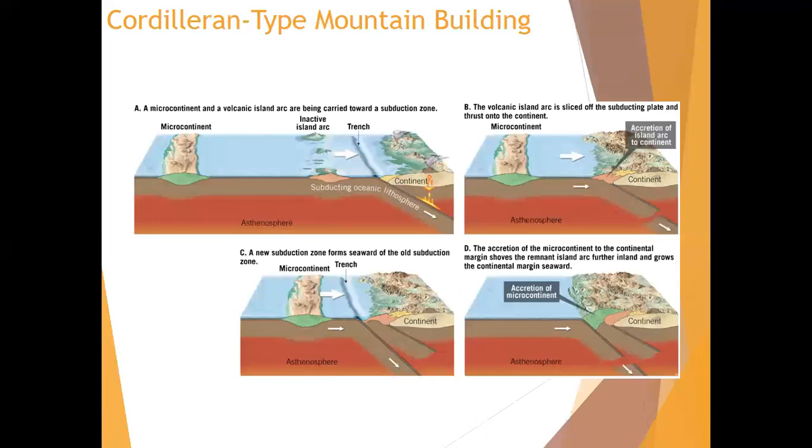They are plastered on, or they are accreted on to the continent. And instead of descending with the subducting plate, they don't descend or subduct because they are more buoyant than the oceanic lithosphere, because they are continental lithosphere. So they're going to become part of the continental crust.